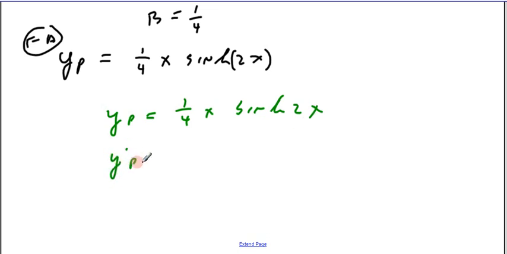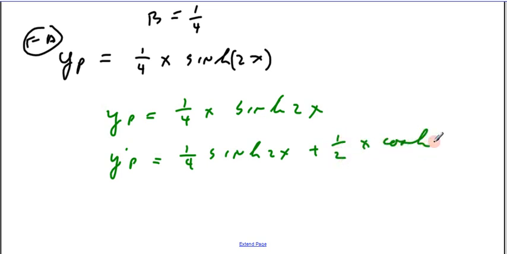Y prime is 1 over 4 hyperbolic sine plus 1 over 2 x hyperbolic cosine. Y double prime p, then we got 1/2 hyperbolic cosine.